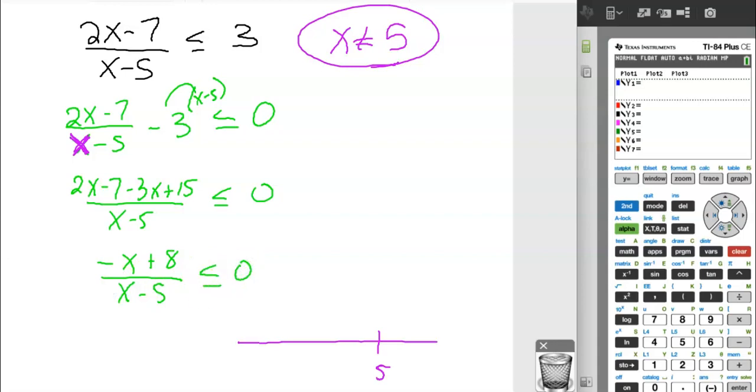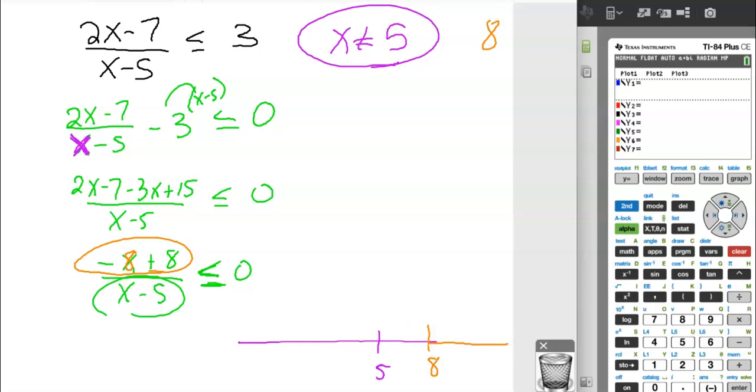And so basically, we know this can't be 5. X cannot be 5. And then notice, because it says less than or equal to 0, it could equal 0. And the only way it could equal 0 is if the top is 0. So in other words, x would be 8. If this was 8, then that would give me 0. So we need to also consider 8 on the number line as well.